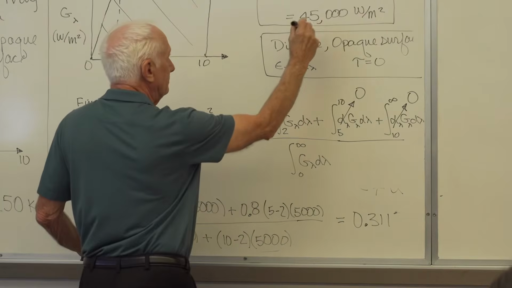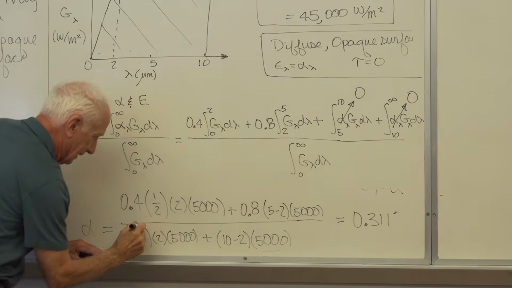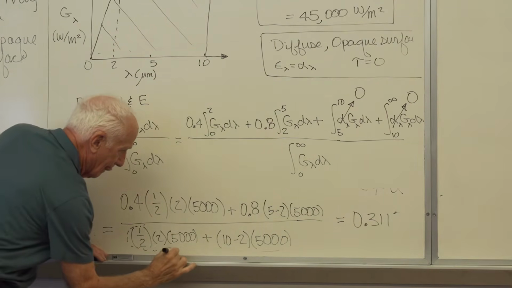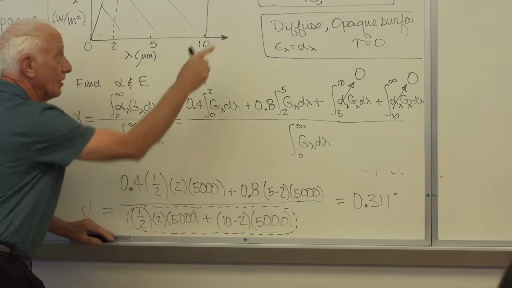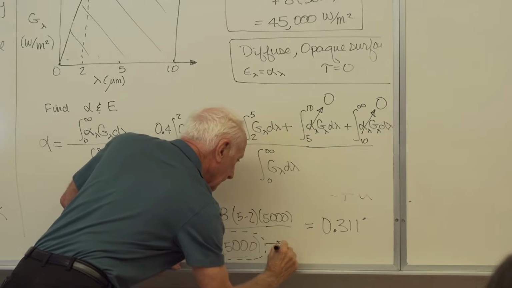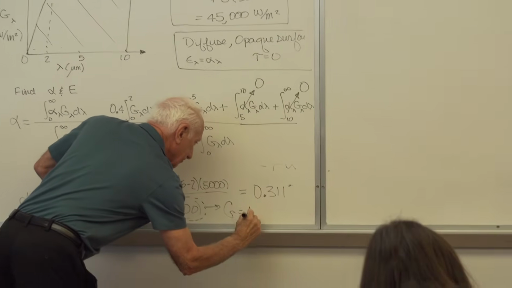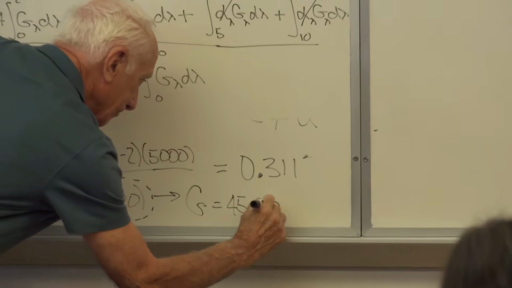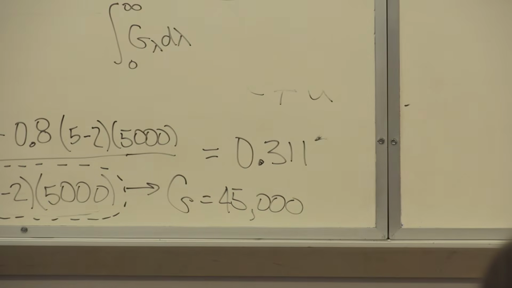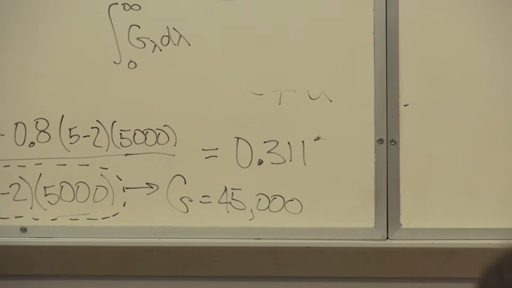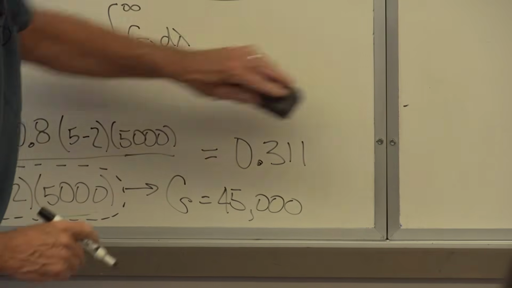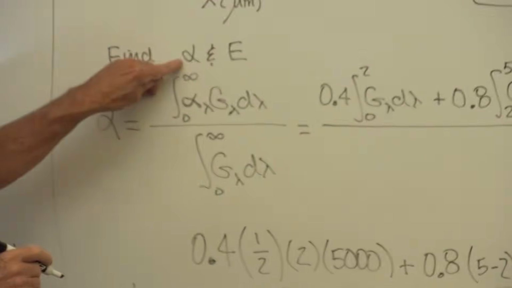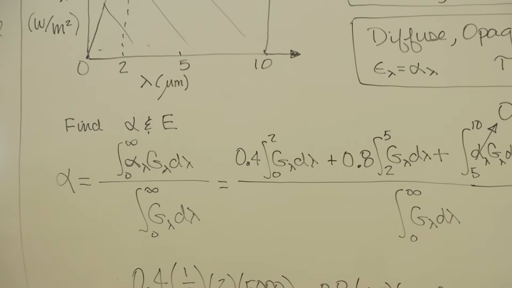That's 45,000. The calculation's up there too. Okay. Do the math. Alpha comes out to be 0.311. Okay, I've got the first thing, alpha, 0.311.